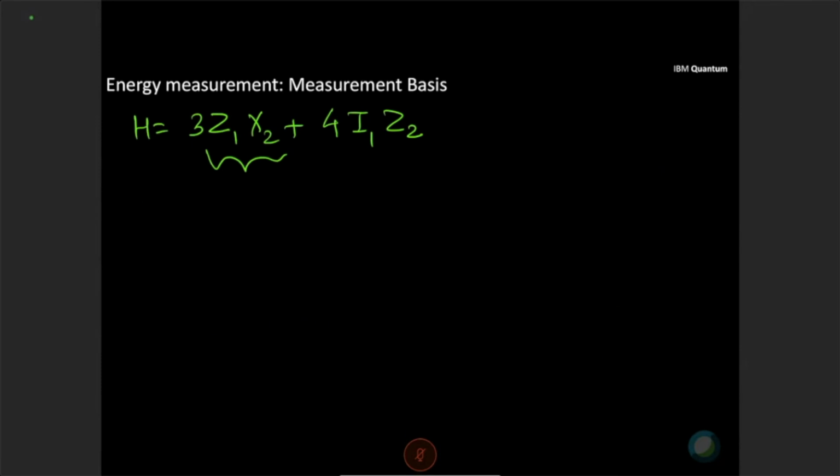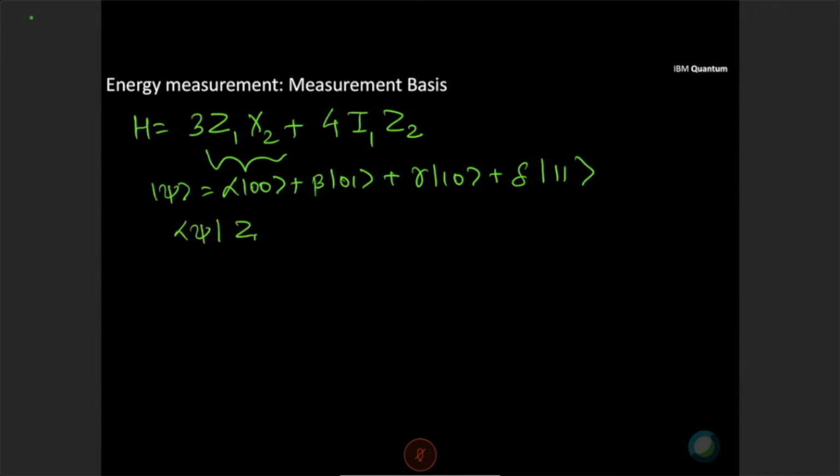Once again, I was expressing this as alpha 0, 0 plus beta 0, 1 plus... Okay, so you're measuring in the Z basis, and that makes things a little trickier.